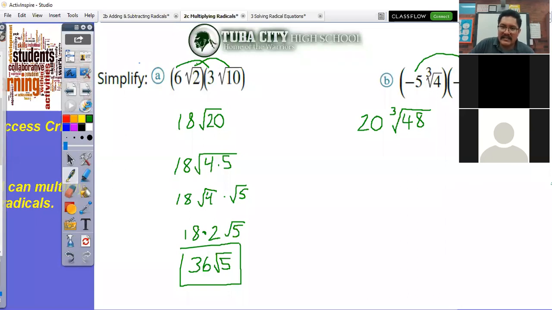Now, 48 is not a cube number, so there's nothing I can really do to clear it up. But we can factor it and see what we can take out. Now again, there is that method you can use to get square numbers. Well, in this case, we want cube numbers.